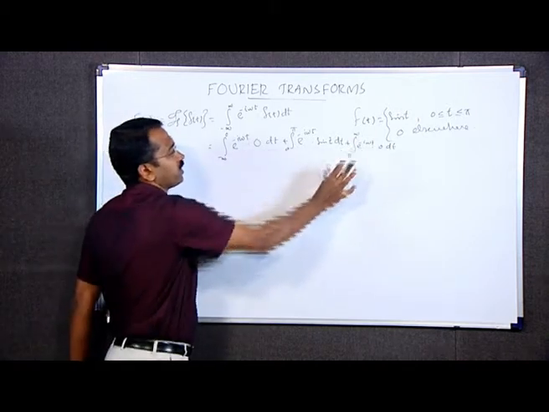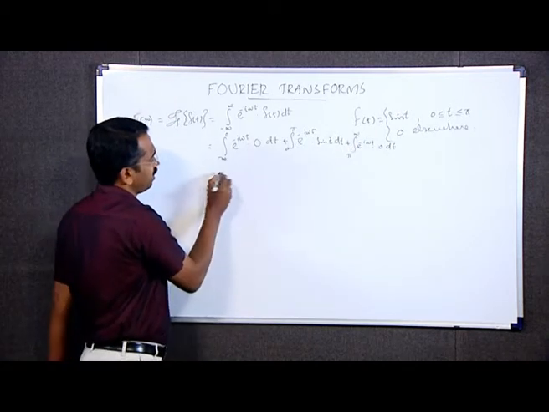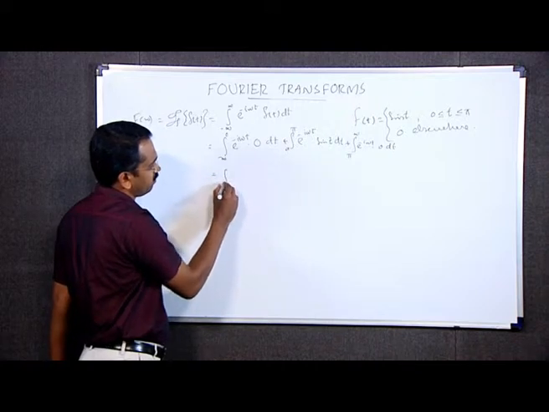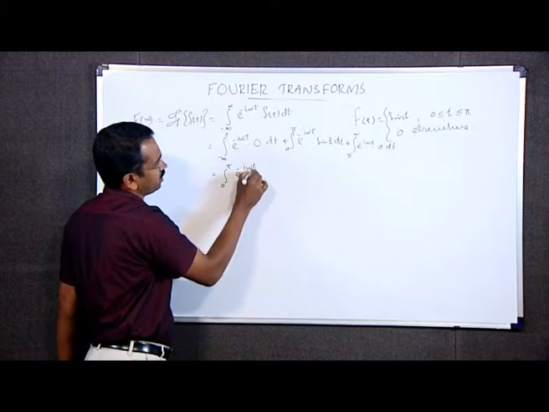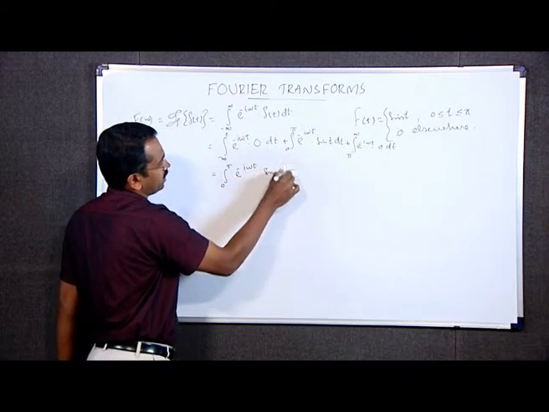The first and last integrals become 0, and the value of the middle integral is the integral from 0 to pi of e raised to minus i omega t into sin t dt.